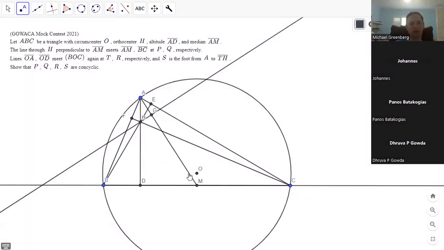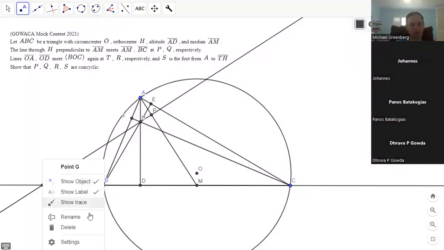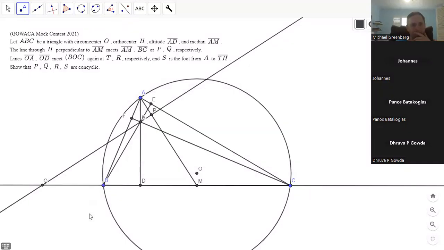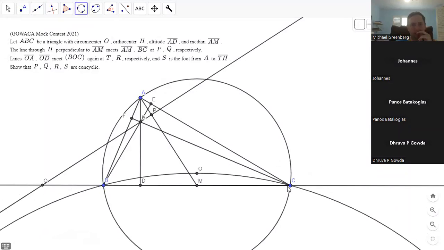It meets AM at P and BC at Q. And then OA and OD, we want to see where they meet the circle DOC. So this circle, the tangents at B and C meet at the antipode of O.